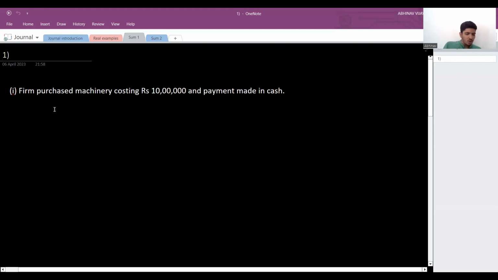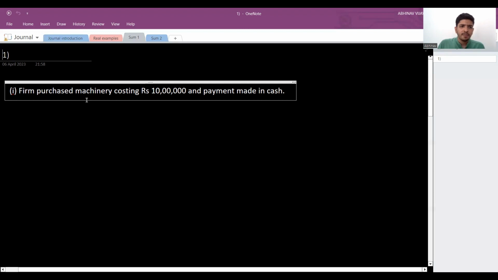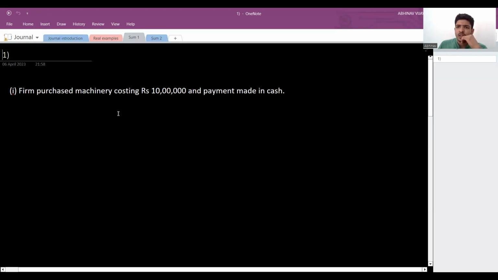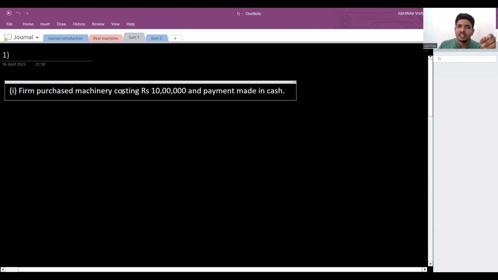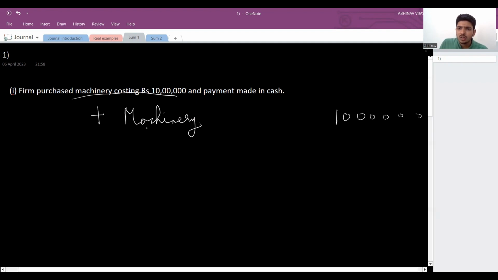So now, a firm purchases machinery costing 10 lakhs and payment is made in cash. Correct. So this is the first question. Now, let's start with the logic. We've already discussed a similar example before. First, what happens first? Breaking the question down: machinery increases, which is worth 10 lakh rupees.